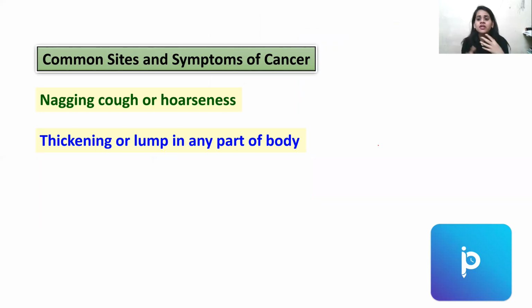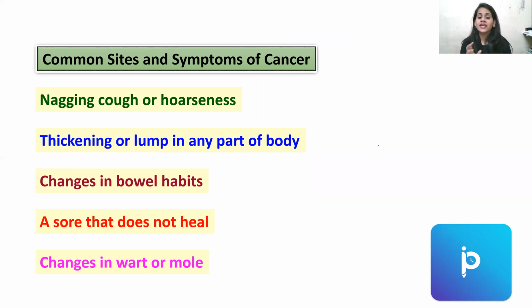If a person is having more than 6-7 symptoms among these common symptoms, then the person is more likely to develop cancer. The first thing would be a nagging cough or hoarseness, thickening or lump in any part of the body, changes in bowel habits, a sore that does not heal, changes in a wart or mole.